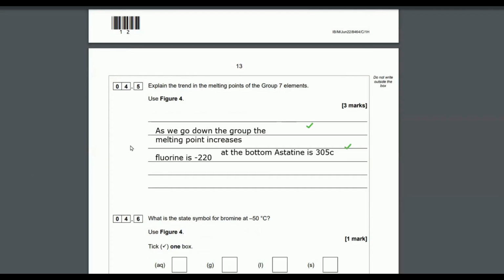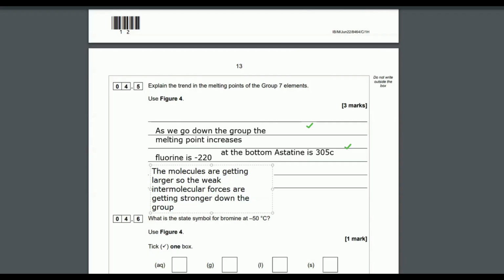Now, why is it? Explain that. Why is it increasing? Well, there's a reason. The molecules are getting larger, so the weak intermolecular forces are getting stronger down the group, more energy needed to overcome.